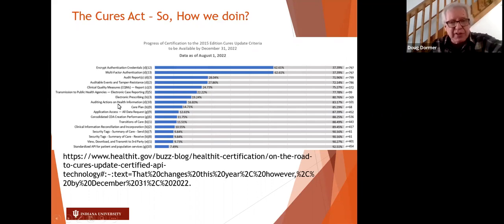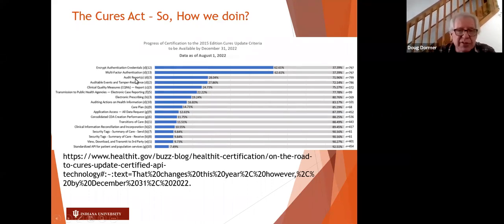But you can go through each of these: encryption of authentication, auditable events, clinical quality measures. 24% meet the standards for clinical quality measures. What this tells me is an awful lot of organizations, as of August at least, were not prepared to maximize their revenue by scoring high on all of these metrics.